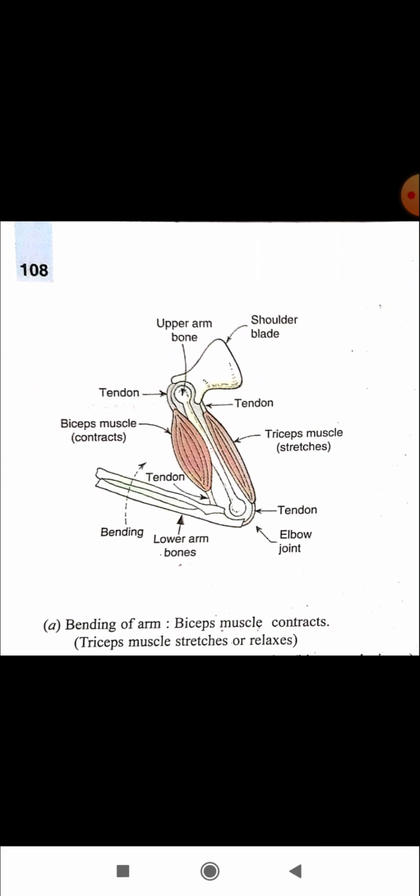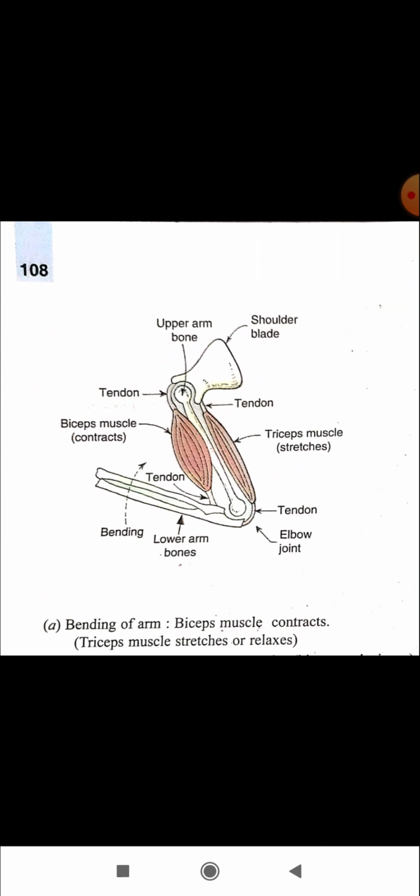Upper arm and lower arm, which are joined at the elbow. The upper arm has only one bone and the lower arm has two bones.